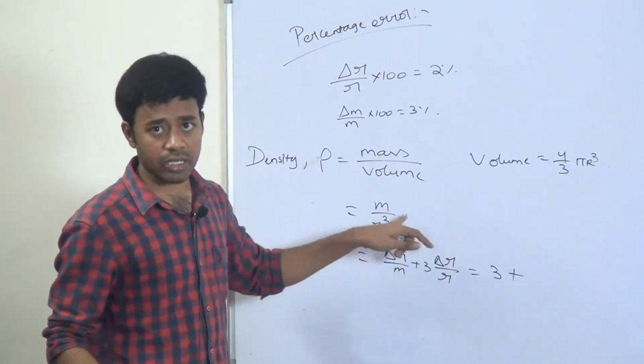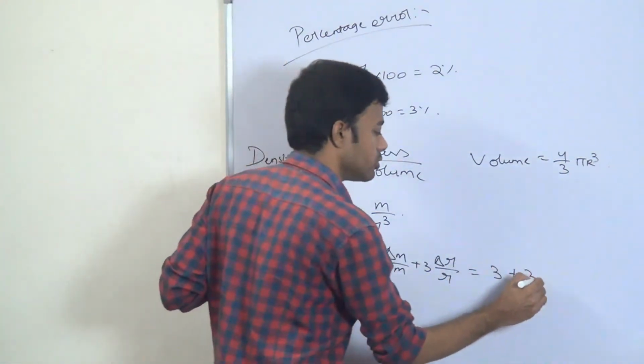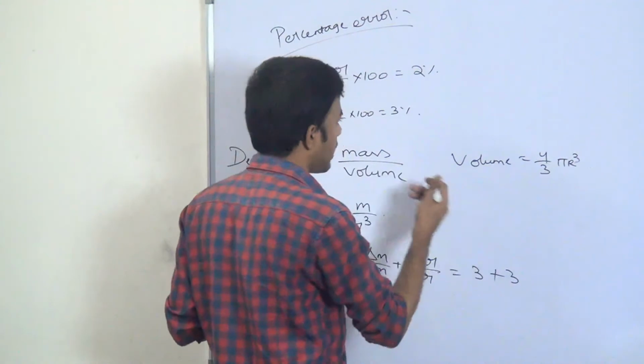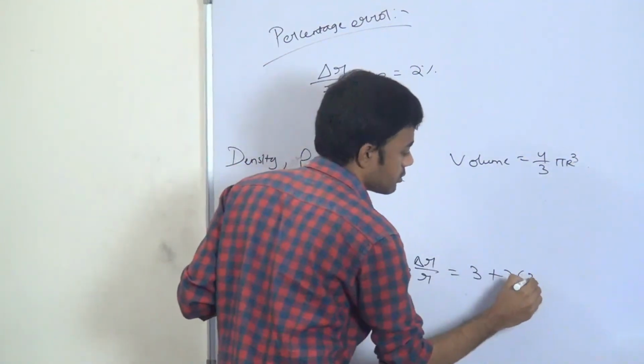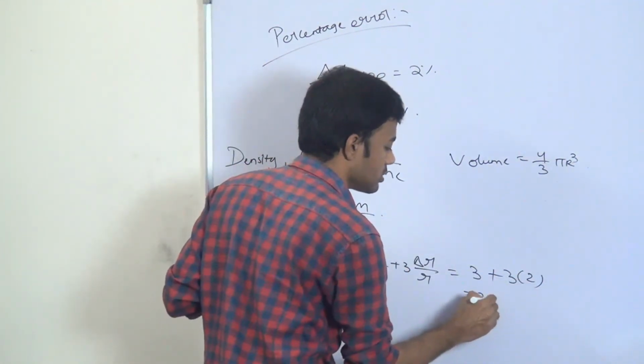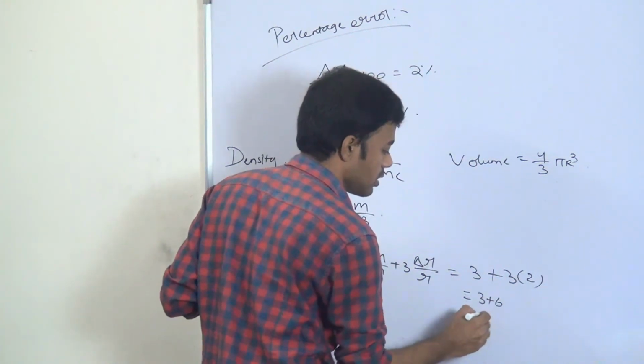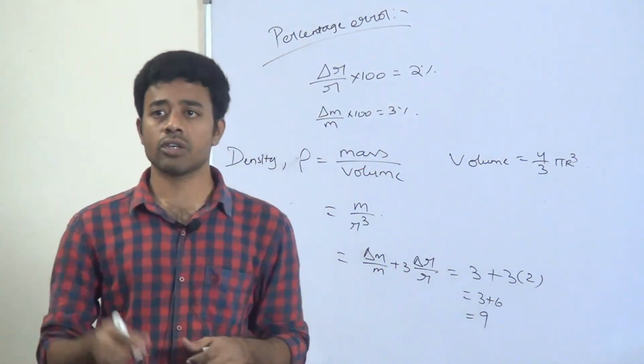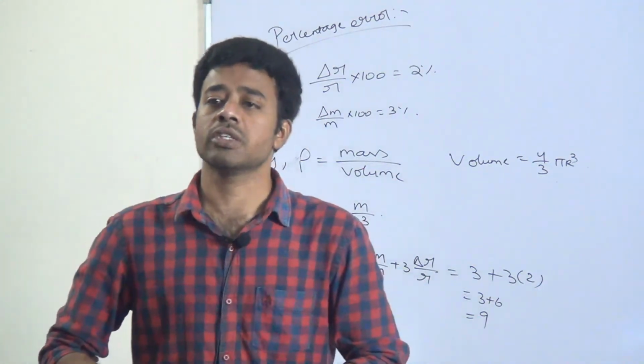Here it is r cube, so it is 3 into the error in r, and the error in r is 2%. So 3 plus 6 gives 9, which is the percentage error in calculating the density of the substance. So it is option C.